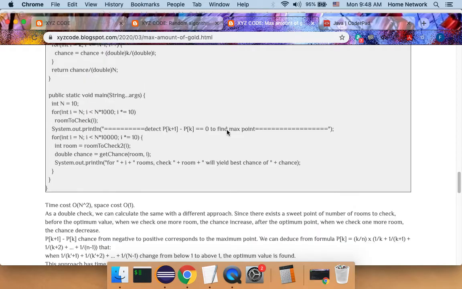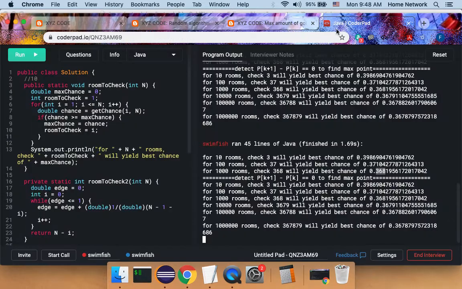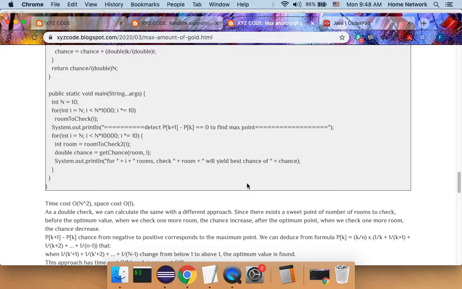And after running the program, for a large number of rooms, we find this is the total number of rooms to check. So as we can see, we checked 36.8% of the rooms. We have the best chance of getting the maximum gain.